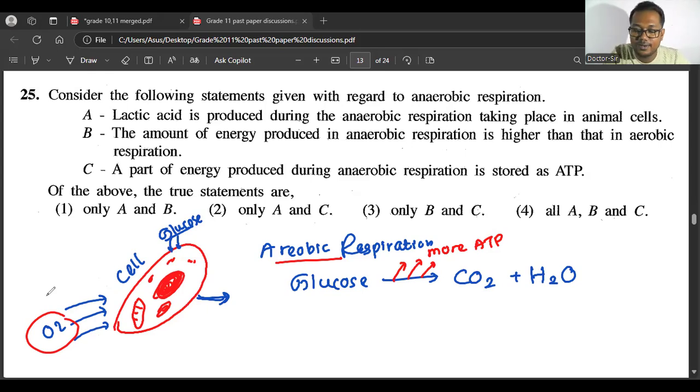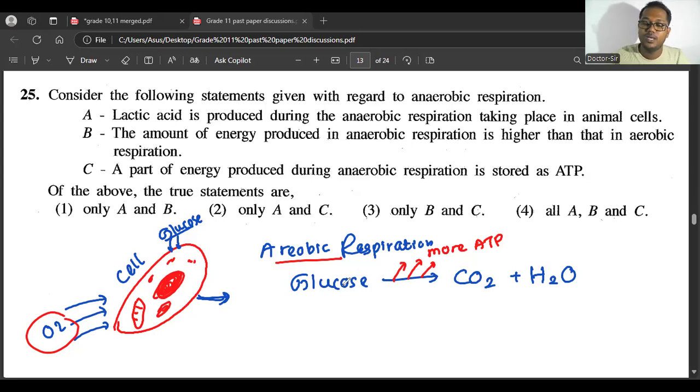At that time, what do you have to do? Your leg muscles should work hard. But sometimes your leg muscles will not get adequate oxygen. So your leg muscle cells should produce energy, but they don't have much oxygen.